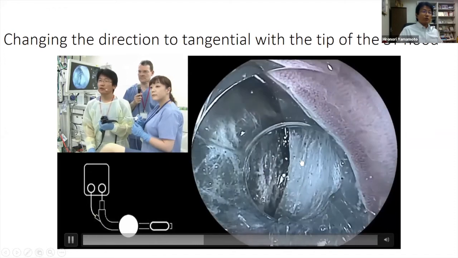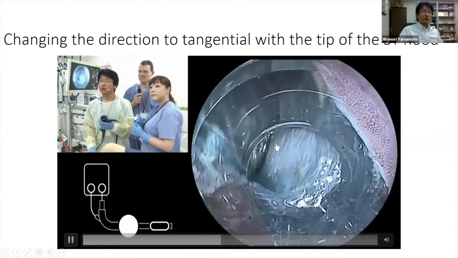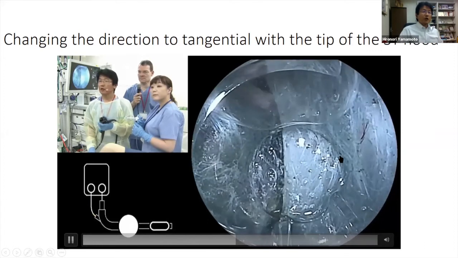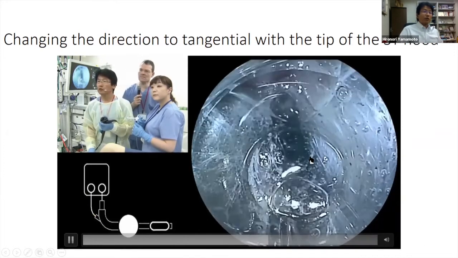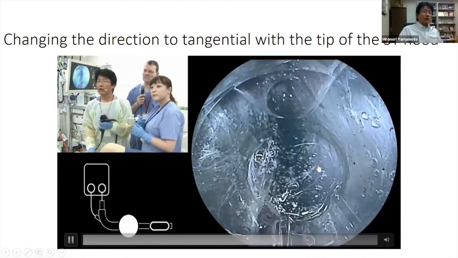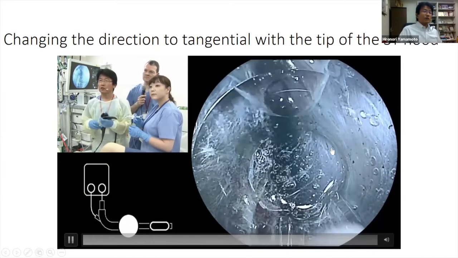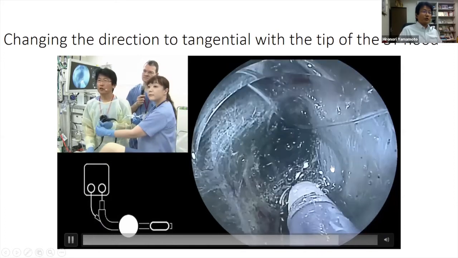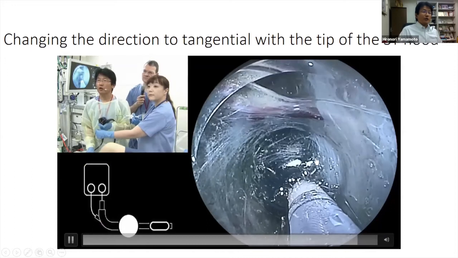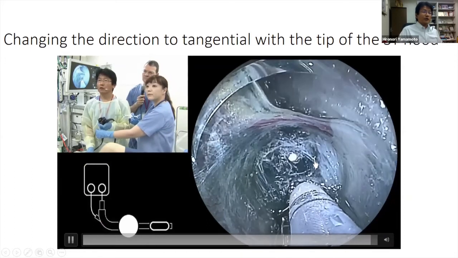So this is the fold, muscle. So you have to have a good imagination, and even on the fold, the muscle fold can be pressed down by the tip of the ST hood and make the approaching angle tangential.